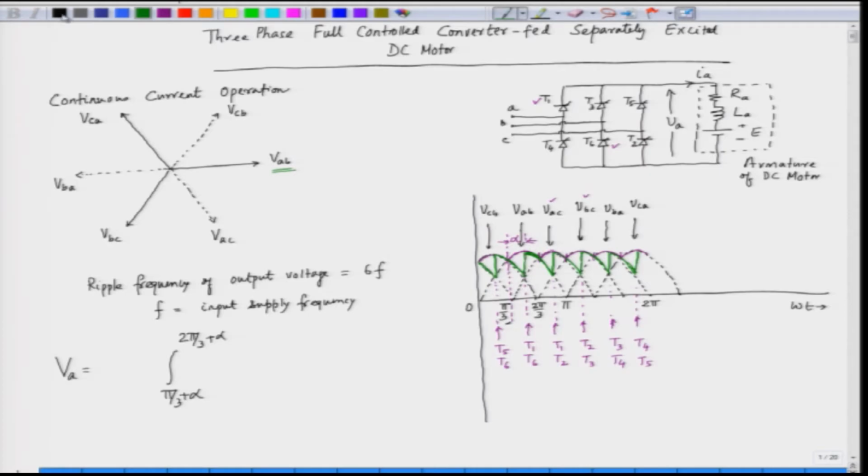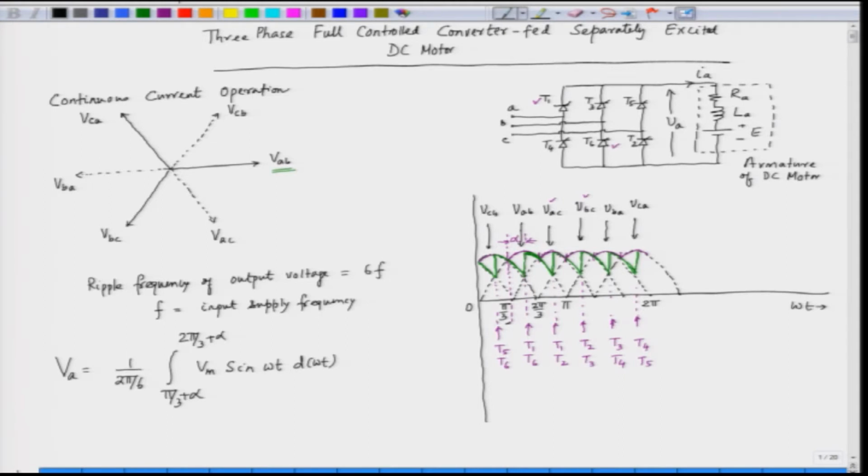Our voltage here is Vm sin omega t, and we integrate over d omega t. For the average, it is 1 by 2 pi by 6, because that is 1/6 of a cycle.